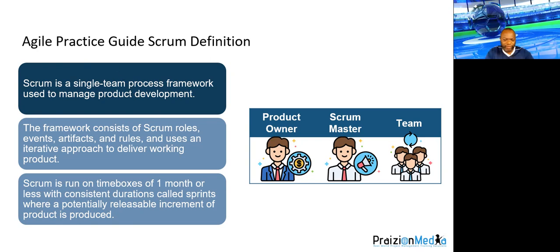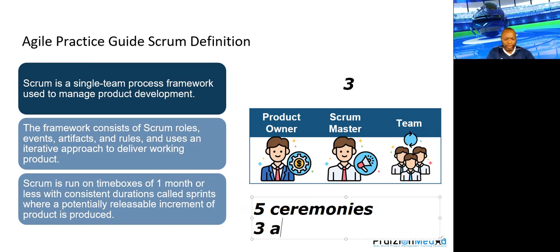By 3-5-3, we're talking about 3 roles, as you can see on the screen: product owner, Scrum master, and team; 5 ceremonies, which we will cover today, and 3 artifacts.